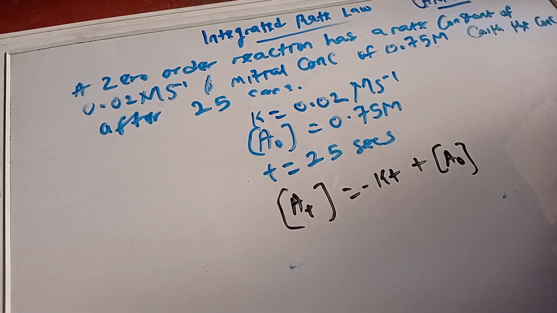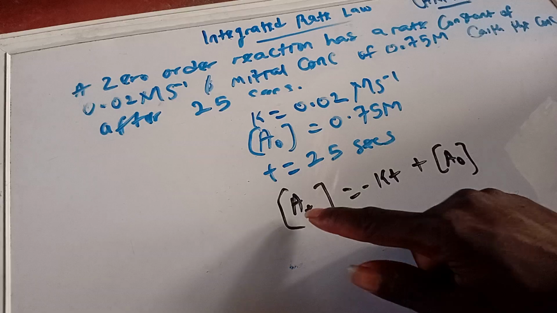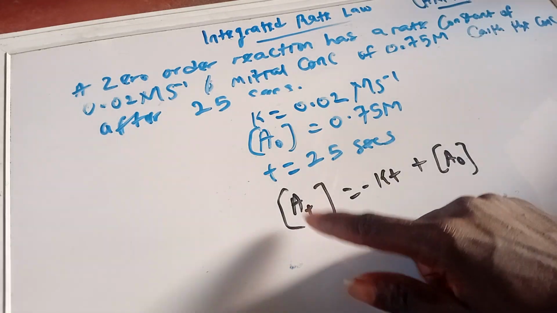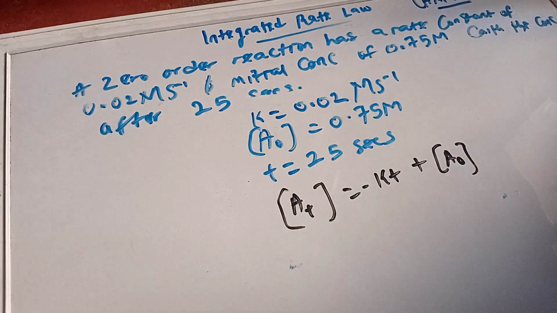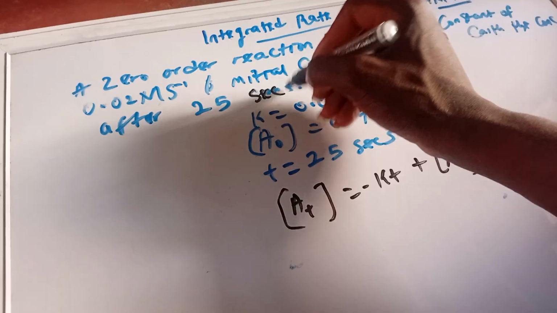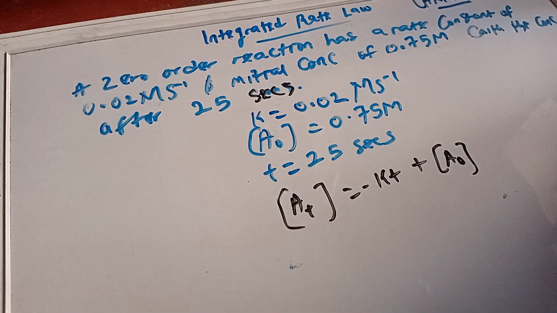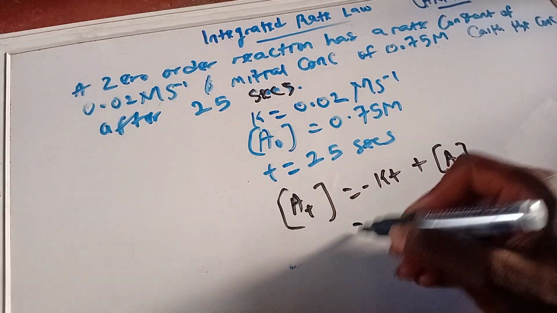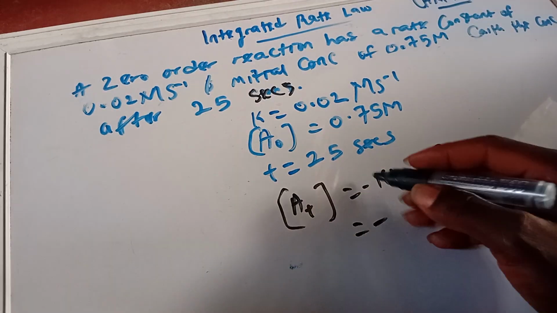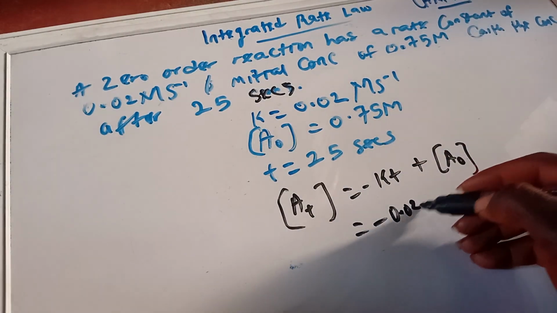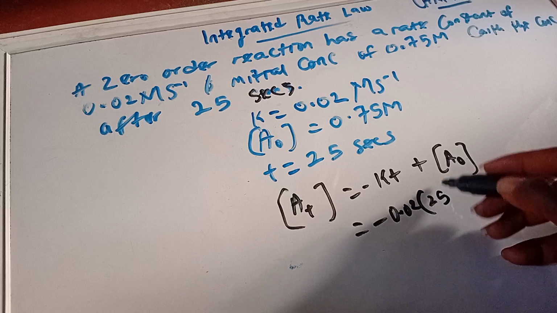So now, what are we asked to find? Calculate the conc after 25 seconds. So we are looking for the conc at a particular time t, after 25 seconds. So the formula directly is just what we are looking for. So At equals minus k, what's our k? 0.02. What's our time? 25.